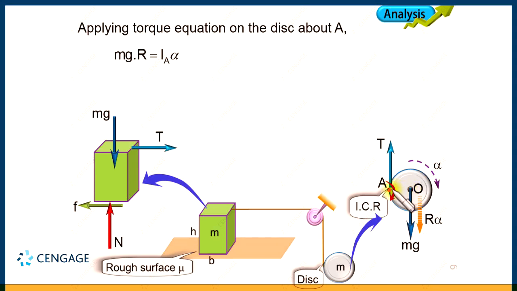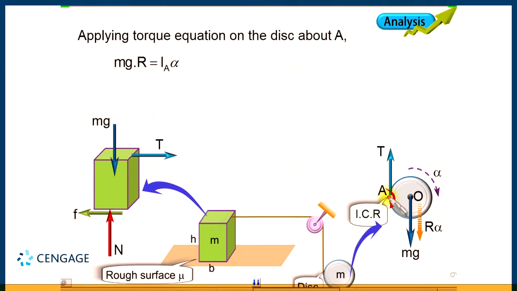We can apply the parallel axis theorem to get the moment of inertia about A. So, Ia equals mr square divided by 2 plus, the distance of the point under consideration to the axis of rotation being again r, plus mr square. So, this equals 3 by 2 mr square. We got the value of Ia.